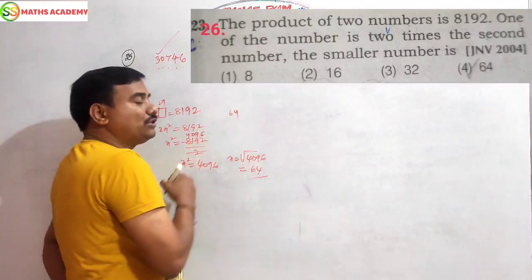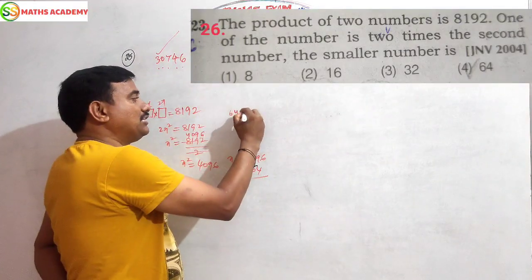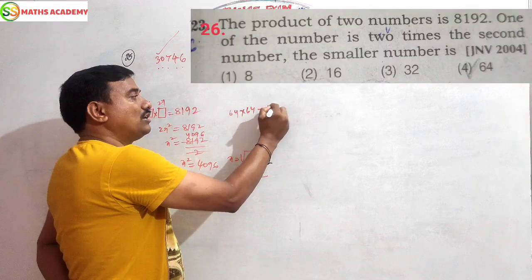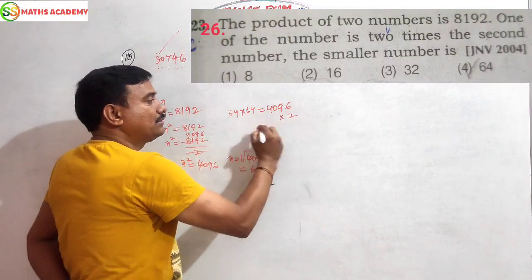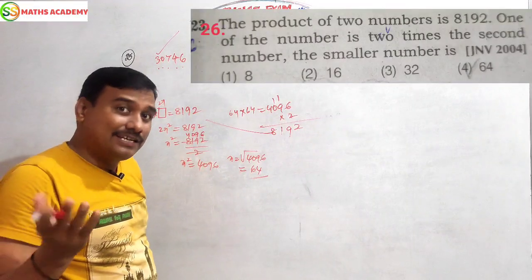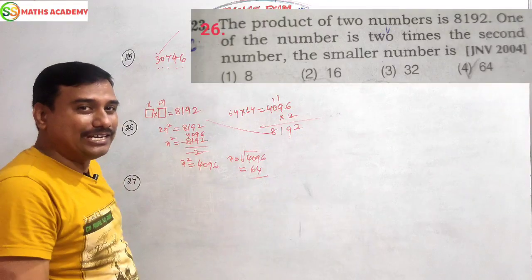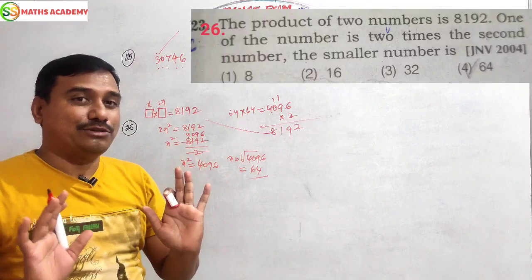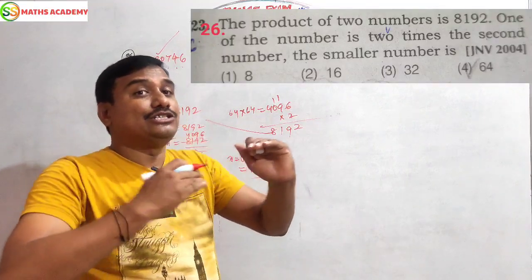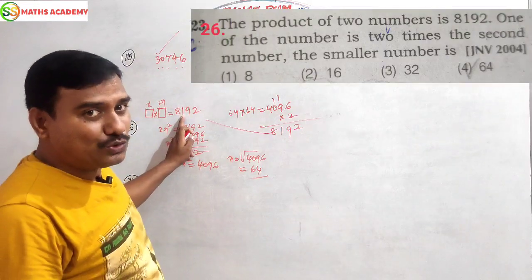Now for example, you can take 64. Twice 64 squared is 4096, so it tallies. Take the option, square it and double it. You will get the value which is given in the question.